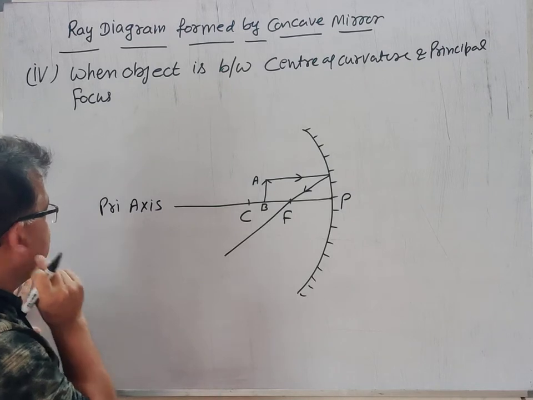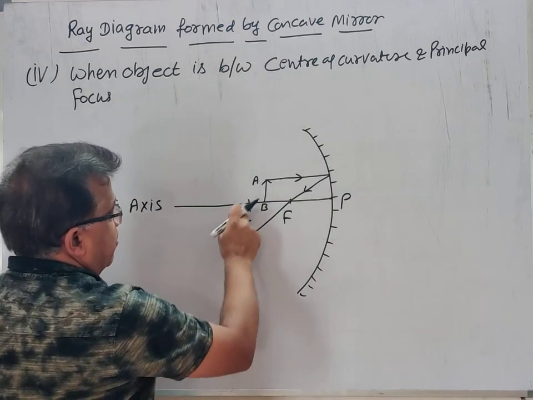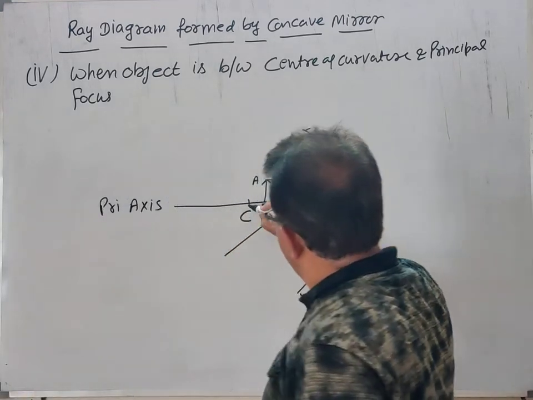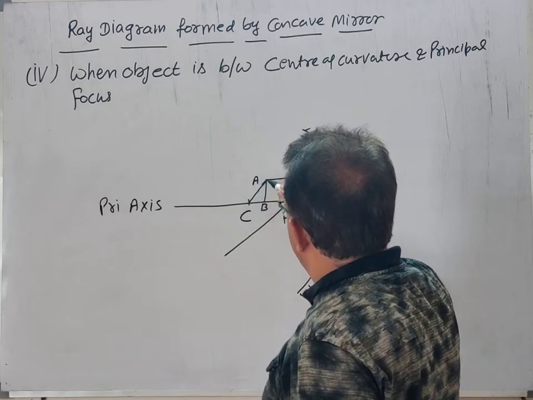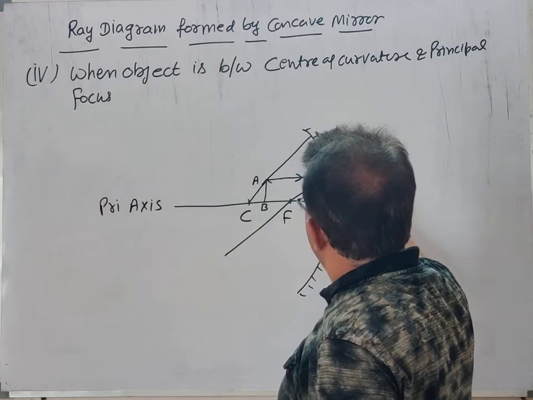Another, we can pass through the center of curvature. So next it will pass through this point, the center of curvature, and then strike the mirror.